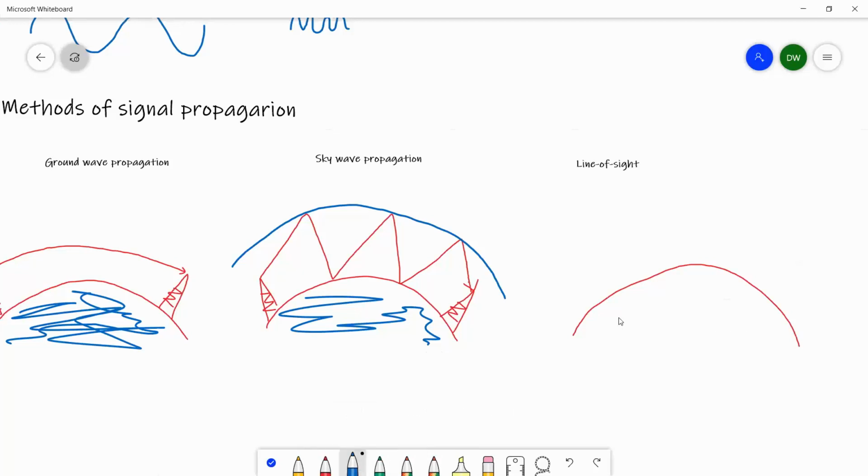draw earth like this, and here the antennas we have should be aligned line of sight. So signal will propagate from this antenna to this antenna.